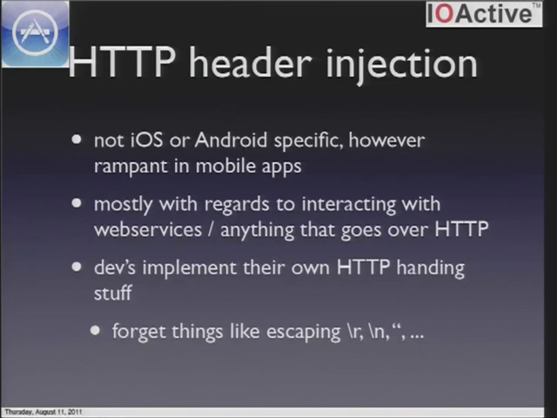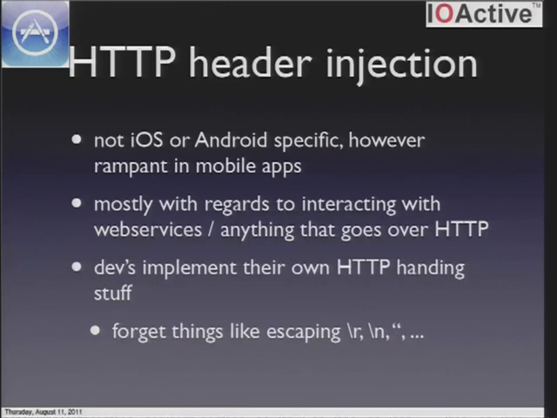The next thing is HTTP header injection. It's not mobile specific, not iOS specific, not Android specific, but it's incredibly common in mobile apps. Most of this is when you're interacting with web services and you send SOAP or JSON or whatnot over HTTP interfaces.